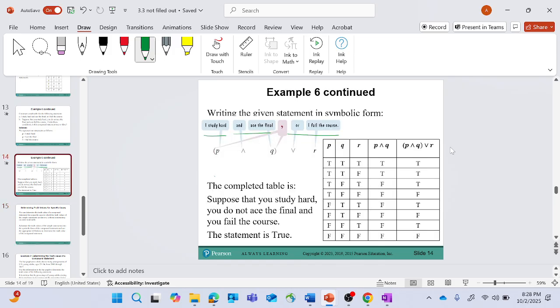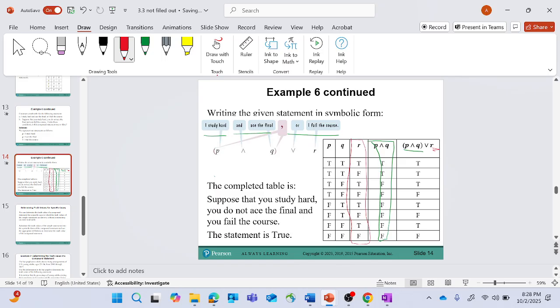It was false because all I care for right now is this last statement, which comes from this column, and then this R, which comes from this column. So I'm looking at these two columns right here.